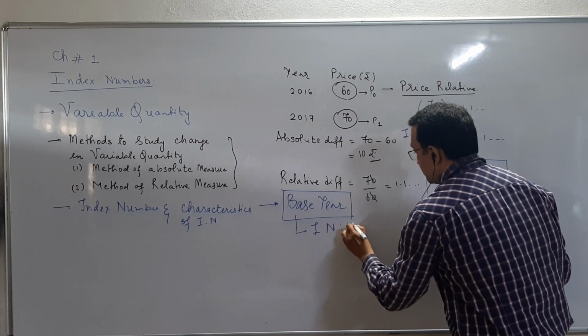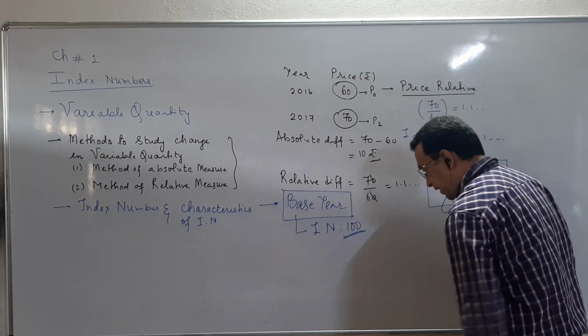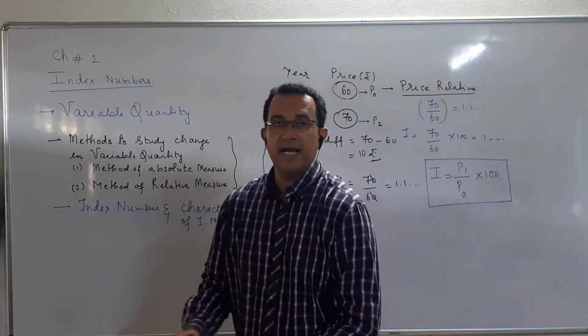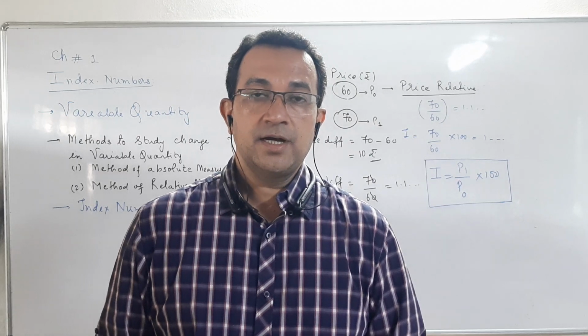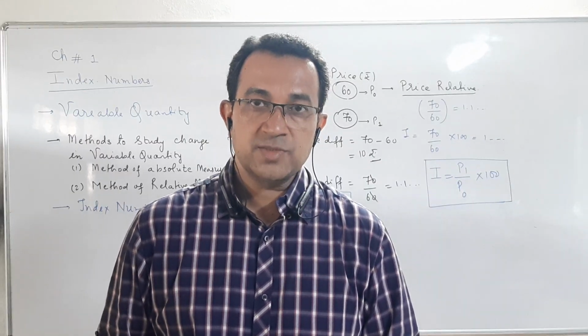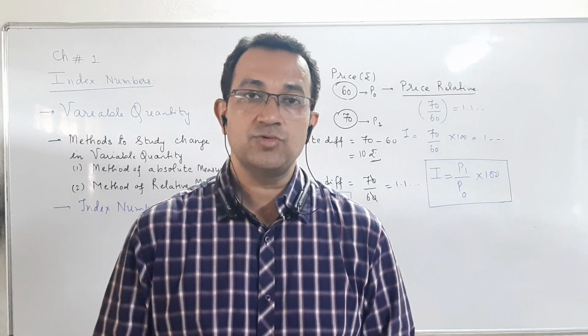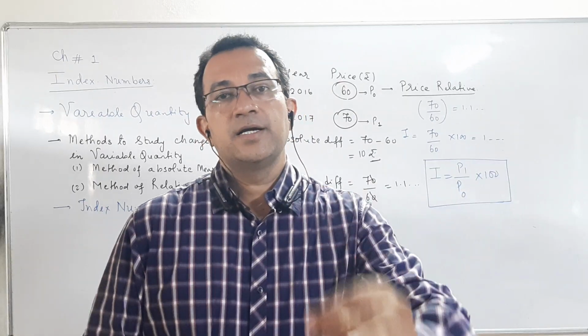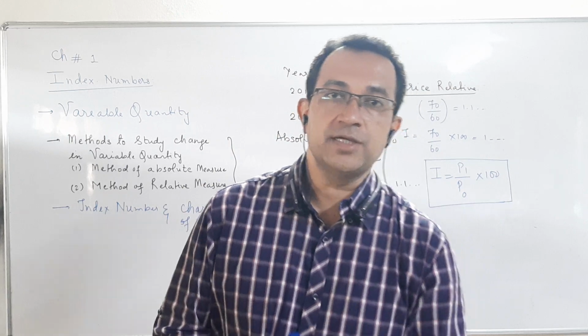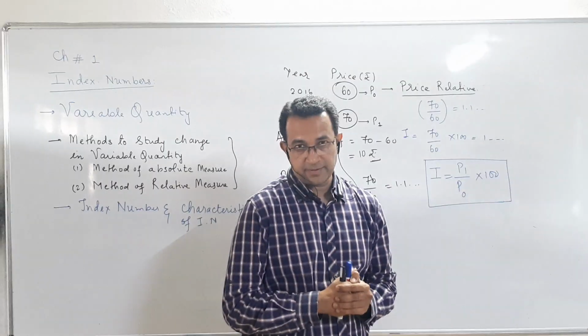The index number of base year for a reference is always taken as 100. So, define base year: a fixed year of past with respect to which the current year's value is compared is called a base year, and the index number of base year is supposed as 100.